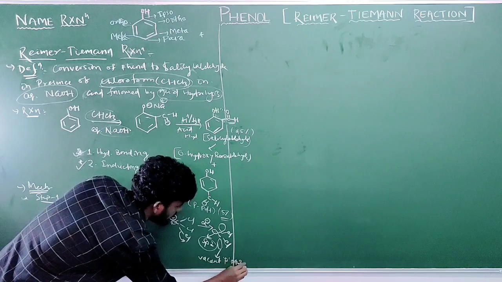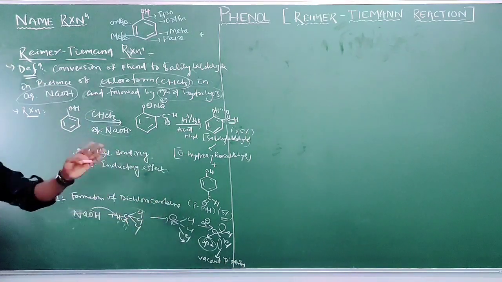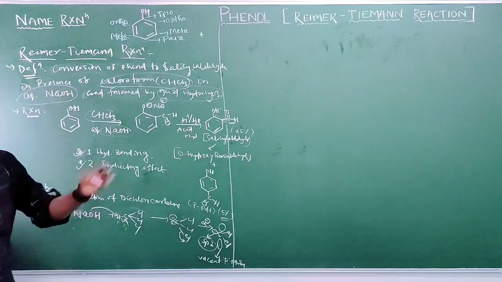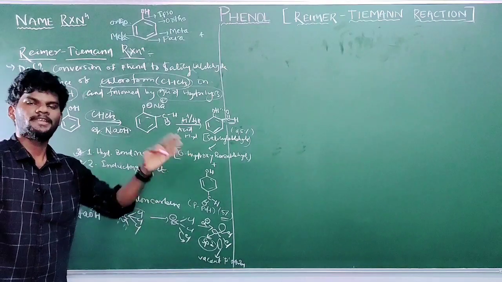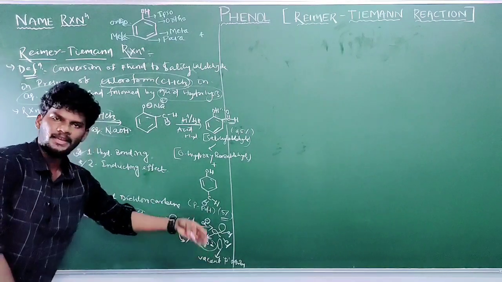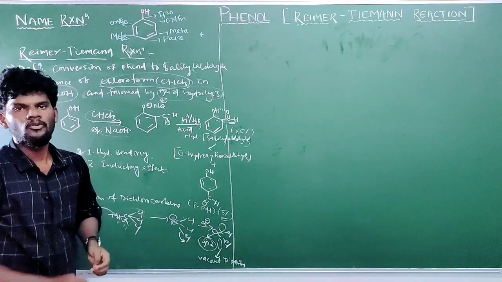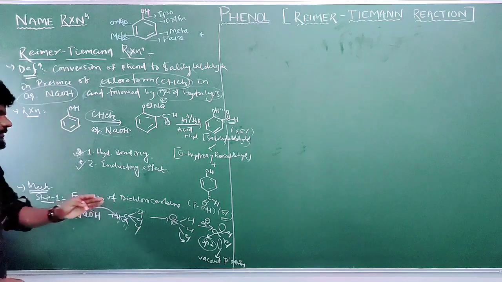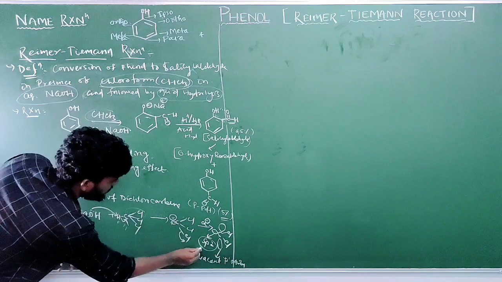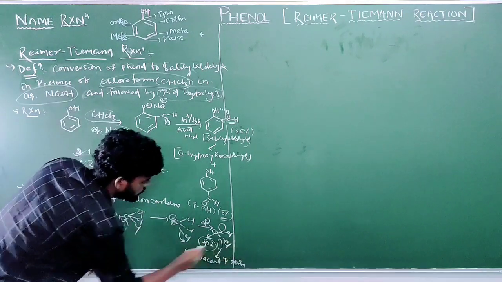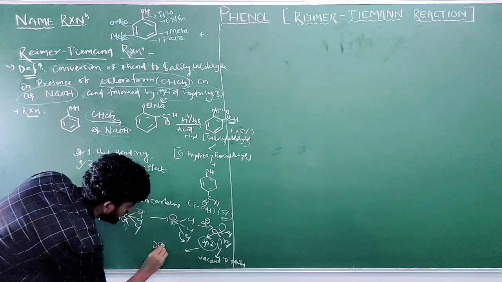This vacant orbital can accept electrons from a different electron source, means nucleophile. So it behaves as an electrophile. Definitely an electrophile receives electrons from a nucleophile. So this structure is known as dichlorocarbene. 2 chloro, so dichlorocarbene.